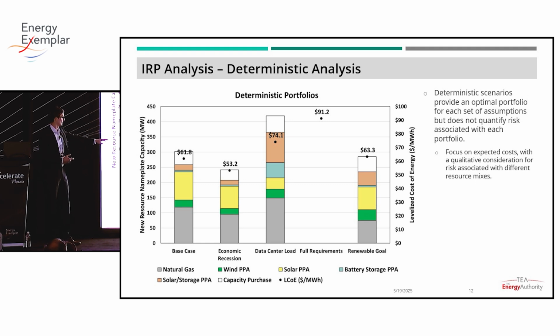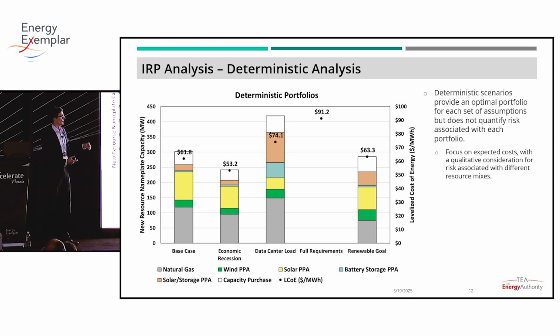On the x-axis, we have 5 different scenarios that were run for an IRP study. We had a base case scenario, a lower level of assumed load growth, an economic recession, a scenario with data center load, a scenario where this utility became a full requirements customer of a larger organization, and then lastly, a heightened renewable goal scenario.